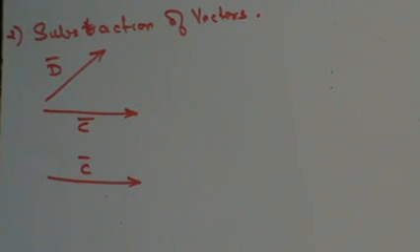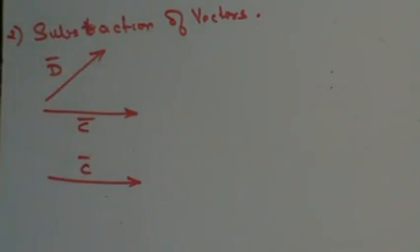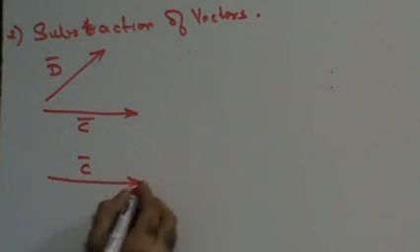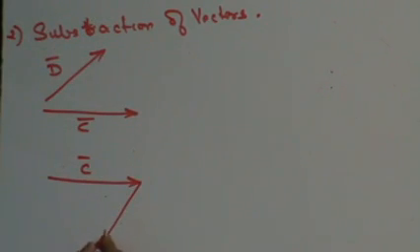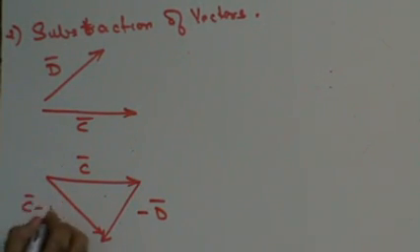Change the direction of D vector and connect it to the end point of C vector. Since I've changed the direction, the arrow was upward, I'm bringing the arrow downward, this becomes minus D vector. So when I complete the triangle, this will be C vector minus D vector. That's how you subtract two vectors.